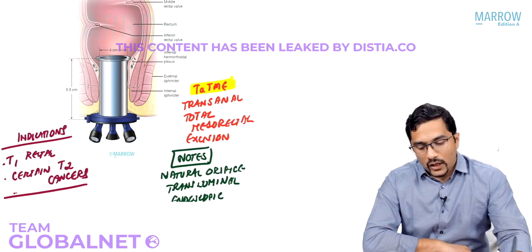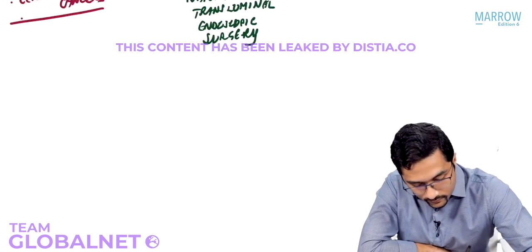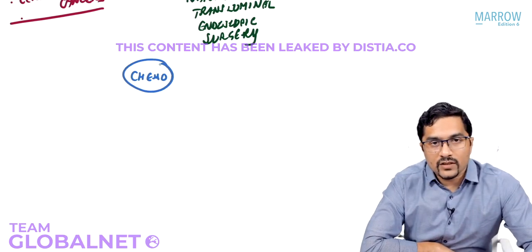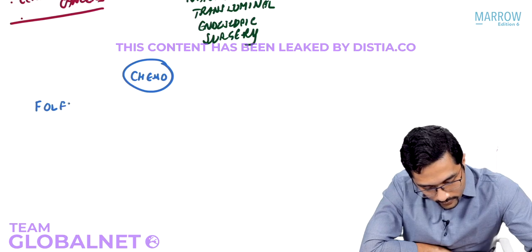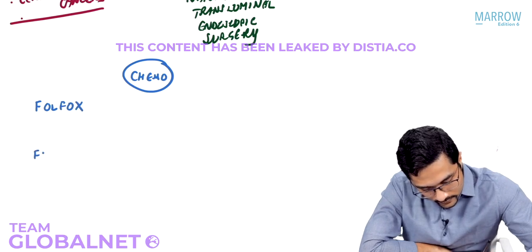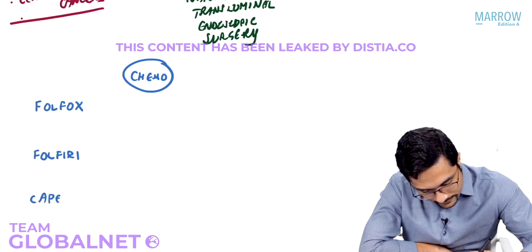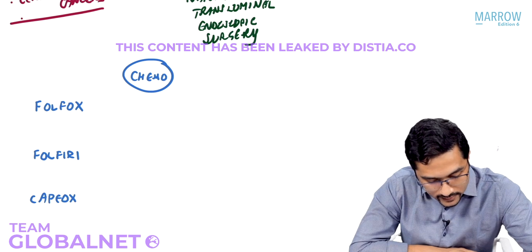Okay. Let's talk about the chemo which is used in colorectal cancers now. So the chemotherapy regimes which are used in colorectal cancer, you have FOLFOX, there is FOLFIRI, there is CAPOX. These are the regimes which are used in colorectal cancers.